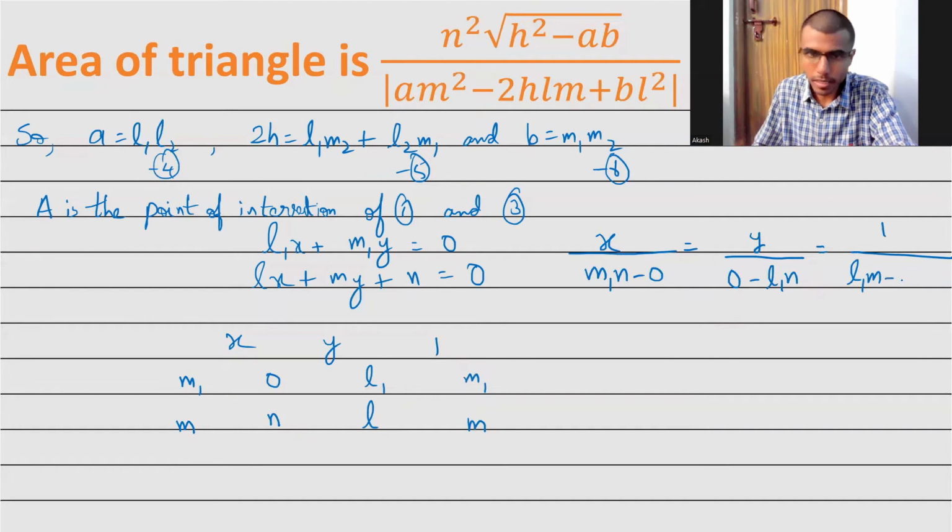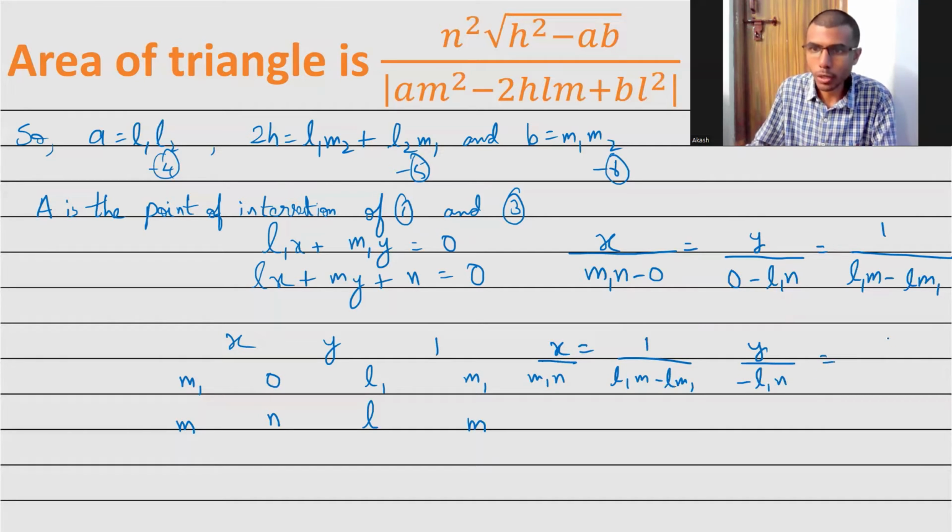So by cross multiplication, x by M1N is equal to 1 by L1M minus LM1, and y by minus L1N is equal to 1 by L1M minus LM1.